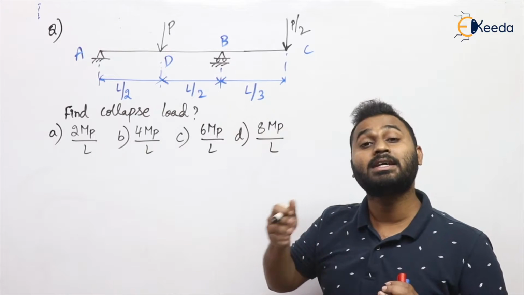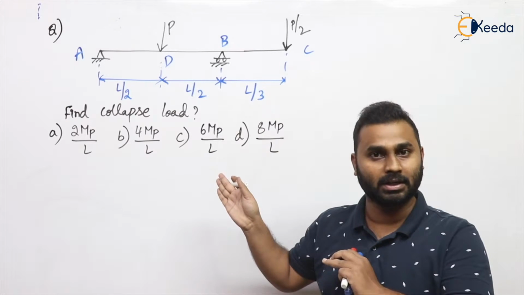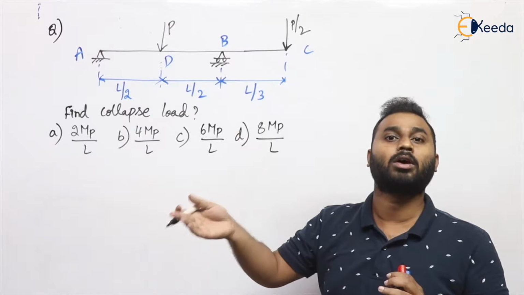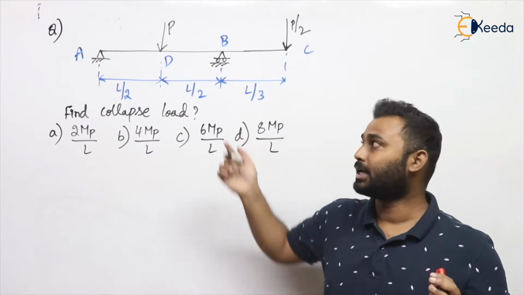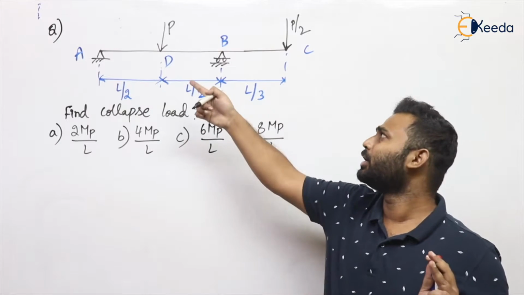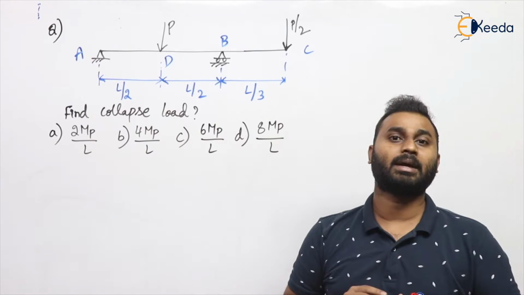If a beam has different plastic moment carrying capacities, then the examiner needs to mention it clearly; only then can we solve that question. In this question, nothing was mentioned, therefore assume the total span AC has the same plastic moment capacity MP.